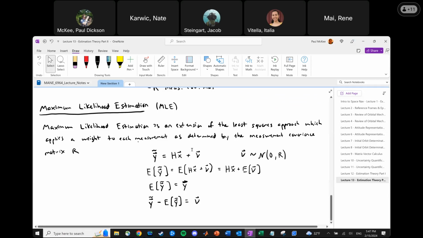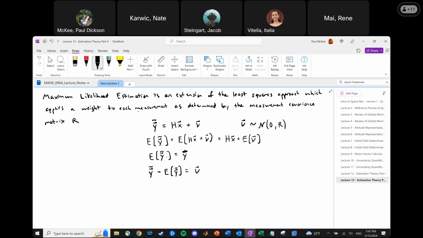And so the measurement covariance, the expected value of (Y minus its own expected value) times (Y minus its own expected value) transpose, is equal to just the expected value of nu nu transpose, which is R. So the same matrix R, this is really a noise covariance matrix.